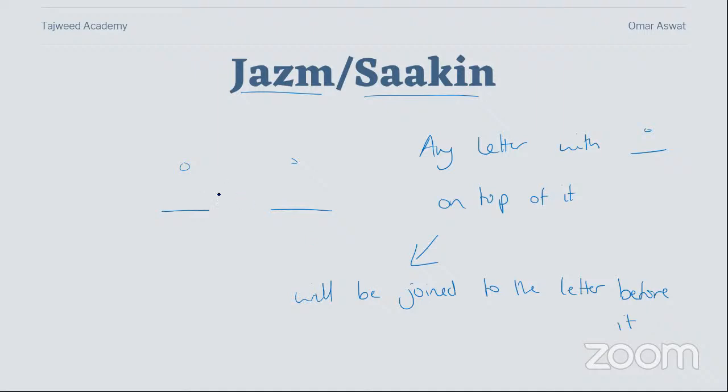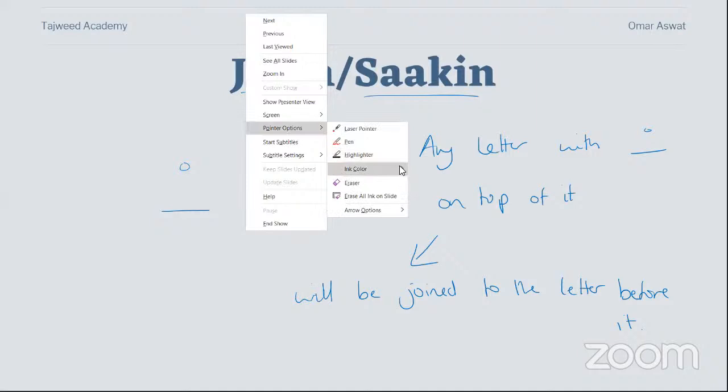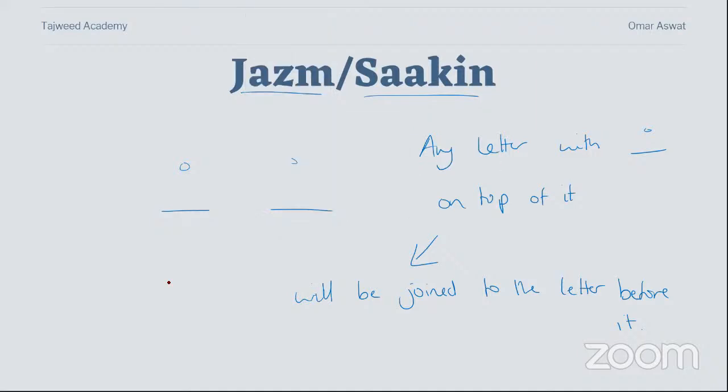You'll see jazm sakin in probably every word. The easiest example would be al-hamdu. The lam and the meem have jazm sakin, so we join to the letter before.